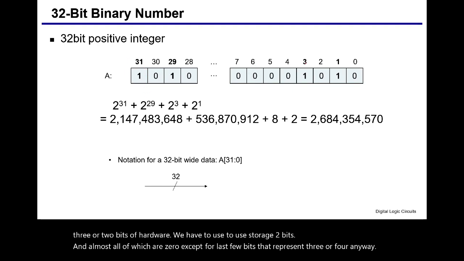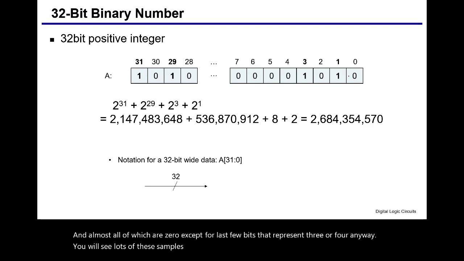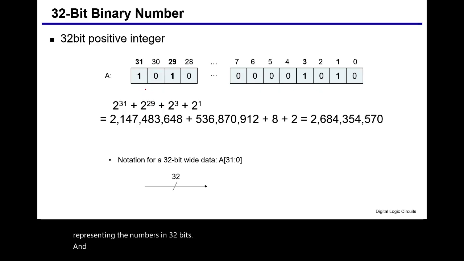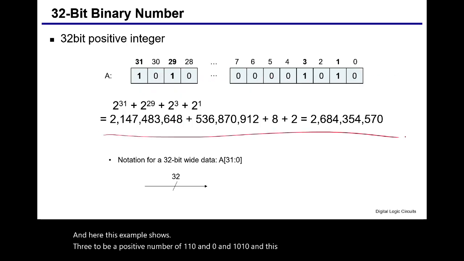Anyway, you will see lots of these examples while we are studying computer architecture, and we are representing numbers in 32 bits. Here, this example shows a 32-bit positive number, 1010 and zeros and 1010, representing this number.